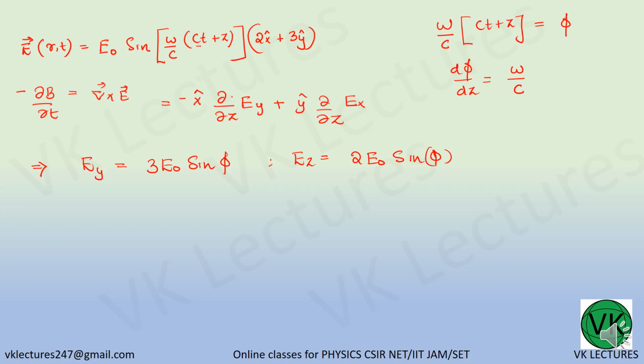Now what is dEy by dz? That is equal to 3 E naught into the derivative with respect to z, so this becomes cos phi into d phi by dz.